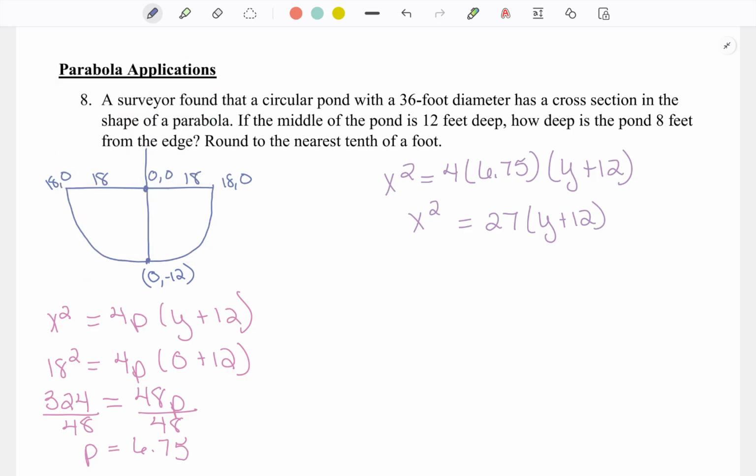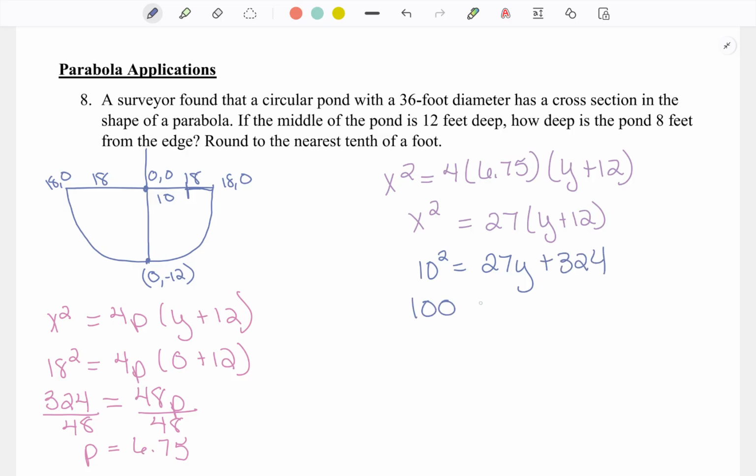And then we can plug in where we are for 8 feet from the edge. So 8 feet from the edge is actually 10 feet from the center of the pond. So we're going to use 10 as our x. So we have 10 squared equals 27y, and then 27 times 12 is 324.